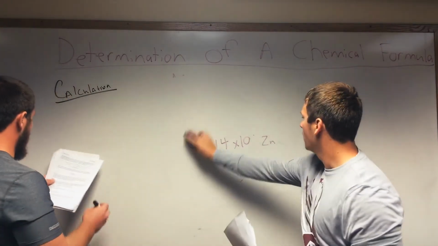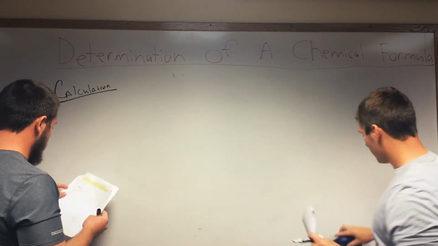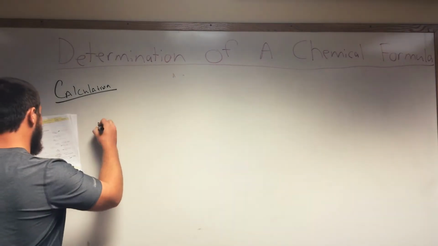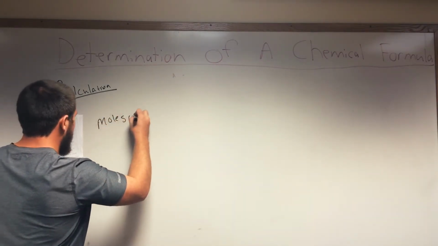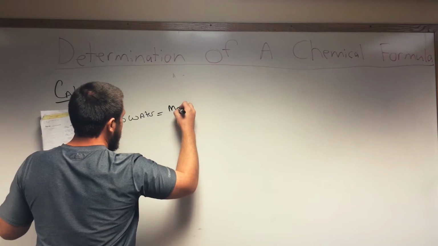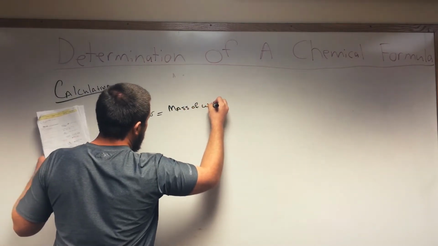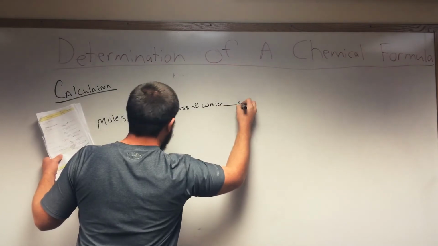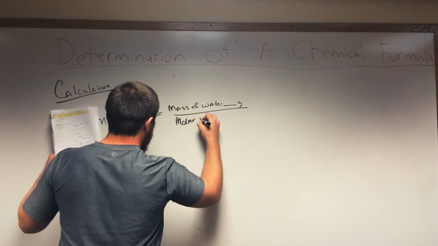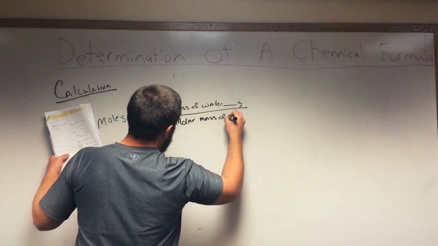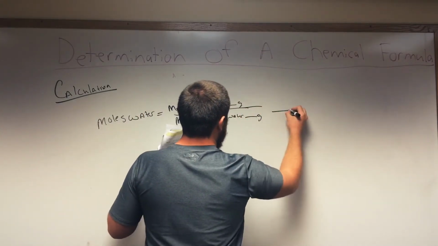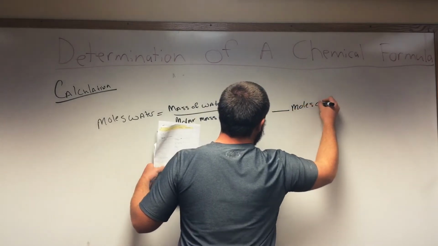For part B, the calculations to find the moles of water was the mass of water over molar mass of water, and that would give us the moles of water.